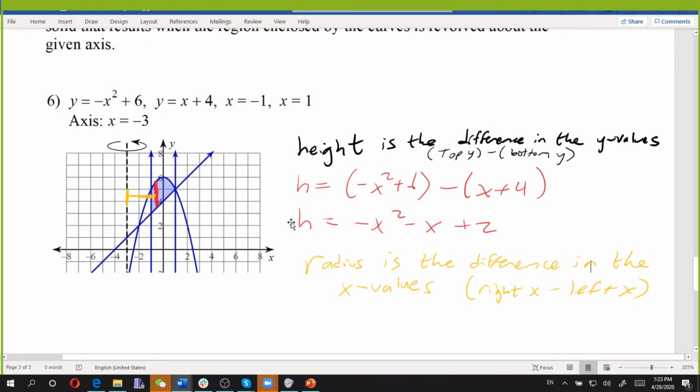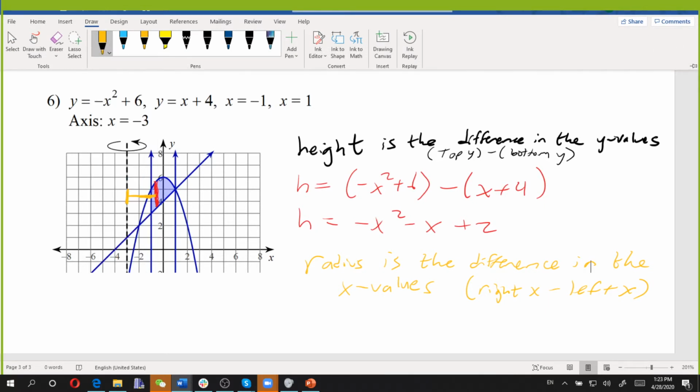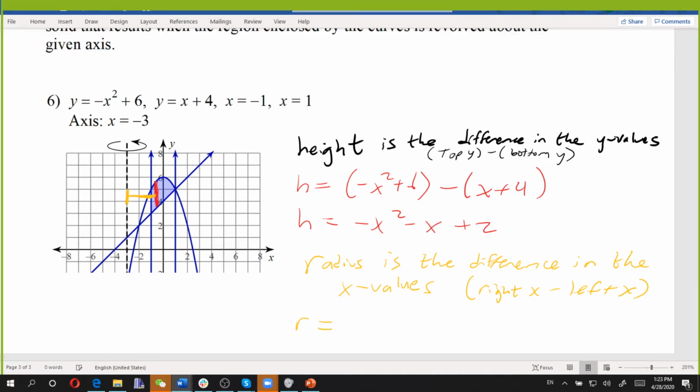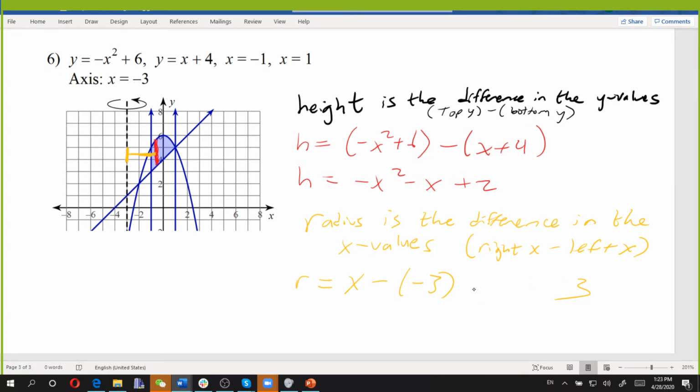Okay, so as Jenna said earlier, our radius then, my red box right now is at x, so our radius at x is my rightmost value here, minus my leftmost value here, which is -3, so that's x minus -3, or x plus 3. I dropped a line last time, so let me drop a line too. Radius equals x plus 3.